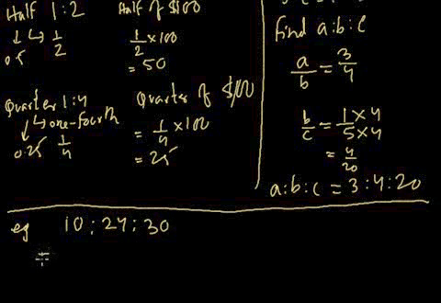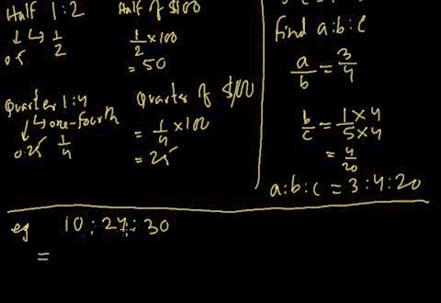So the first thing we have to do is divide the three things by the same number if it is possible to divide. Here we see that 10 can be divided by 5, 24 cannot be divided by 5, but 30 can be divided by 5. So we cannot divide this by 5. In the next one, if we think about 3, 10 cannot be divided by 3, 24 can be divided by 3, and 30 can be divided by 3.